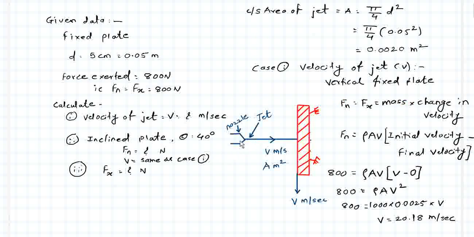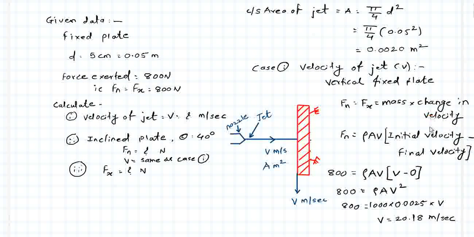As seen in the triangle diagram, it clearly shows that the normal force and the force exerted by the jet in the direction of the jet are the same. So we can say Fn is equal to Fx is equal to mass into change in velocity. So mass here is rho a v, as the total water released from the nozzle impacts the surface, so we can keep mass as rho a v.